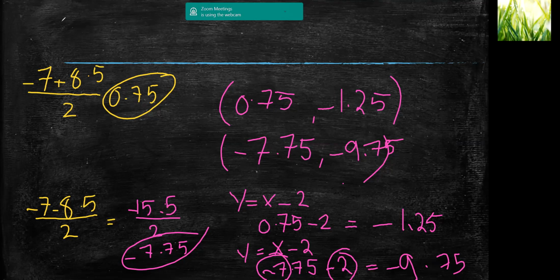Yes, teacher. Now let's use the third way, which is substitution. If we have y equals x squared minus 5x, and the second one we have y equals -x minus 8.